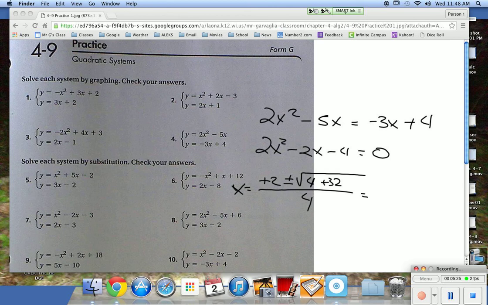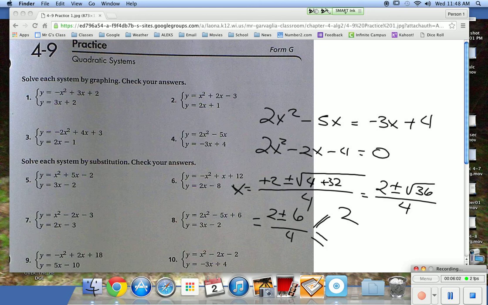So this is going to equal 2 plus or minus square root of 36 over 4. Or it's going to equal 2 plus or minus 6 over 4. You have to do it like this. Now we can go 2 plus 6, which would equal 8 over 4. 8 over 4 would be 2.